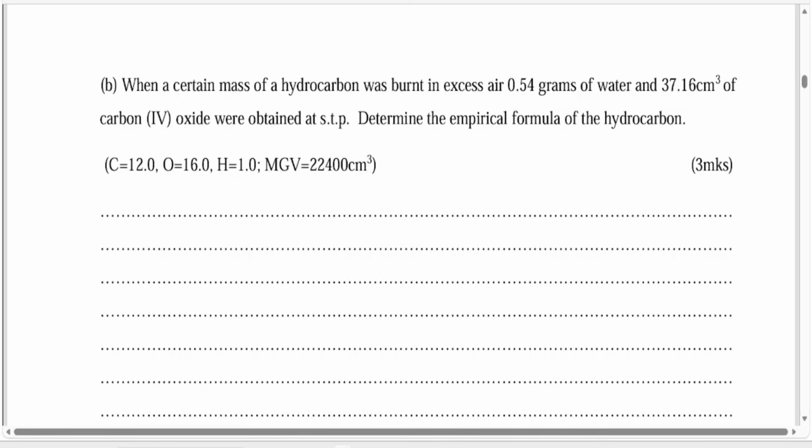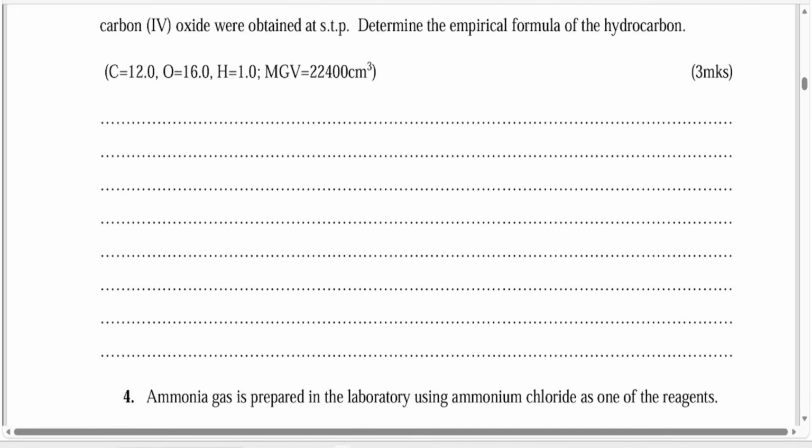Determine the empirical formula of the hydrocarbon given that carbon is 12 relative atomic mass, oxygen 16, hydrogen 1, and the molar gas volume is 22,400 cubic centimeters. So how do we determine the empirical formula of the unknown hydrocarbon? We are already given the amounts of carbon dioxide and water produced. So how do we tackle this question?